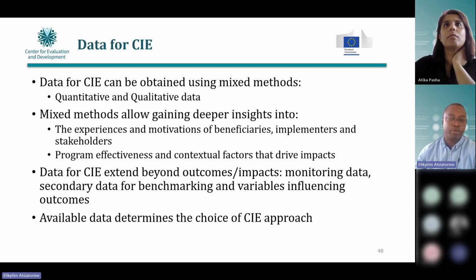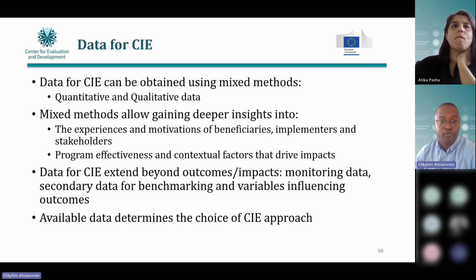And I think mixed methods have become quite beneficial for us. So even though we talked a lot about quantitative data, we did spend some time to talk about how qualitative data is complementary and also helps us to understand quite a lot about the impacts of projects.